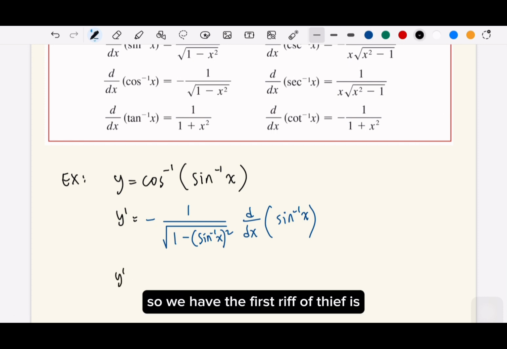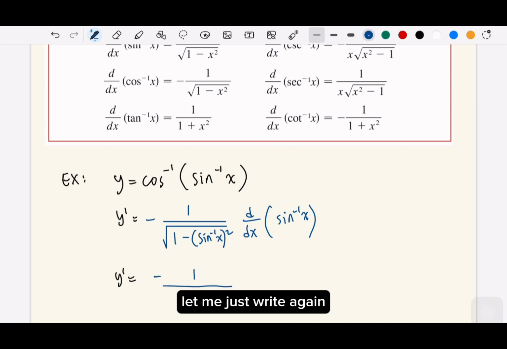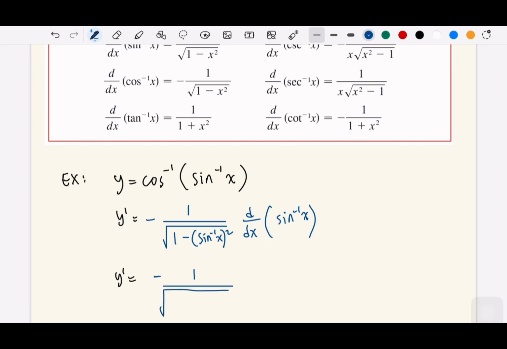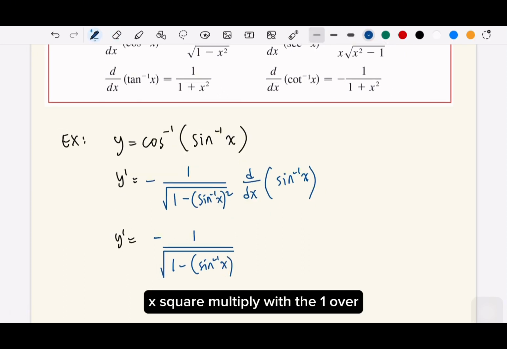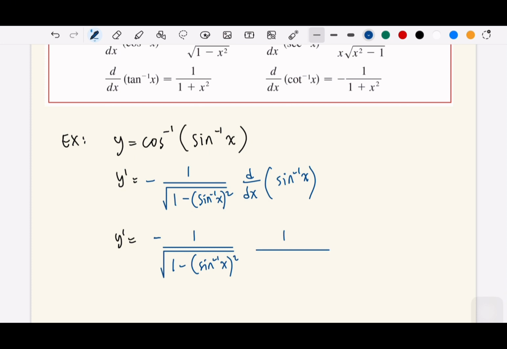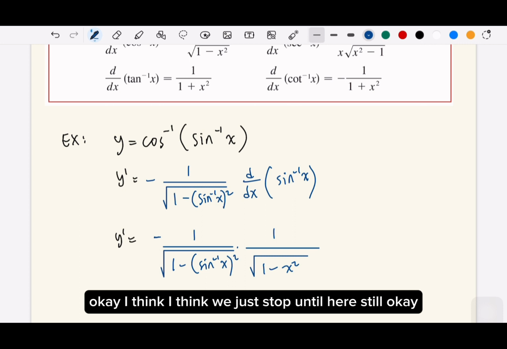So we have the first derivative, this will be, let me just write again, 1 minus sine inverse x squared multiplied with the 1 over... okay, I think we just stop until here.